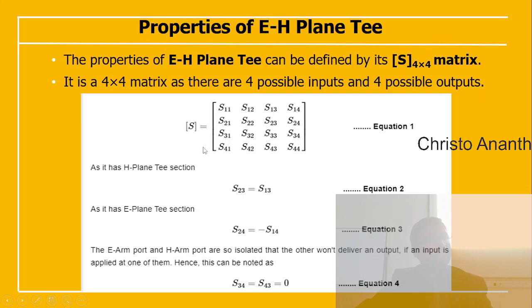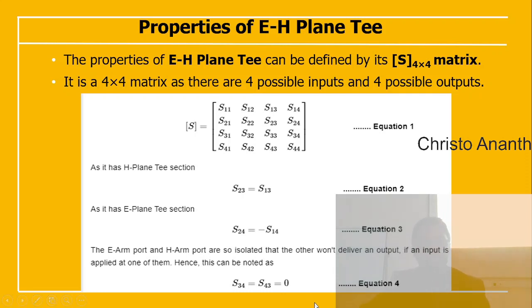Since it has the H plane T, which we already discussed, S23 is the same as S13. Similar to the E plane T junction, S24 is 180 degrees out of phase with S14, so you get it as minus S14. The E arm and H arm ports are isolated, so the other will not deliver output if the input is applied to any one of them.